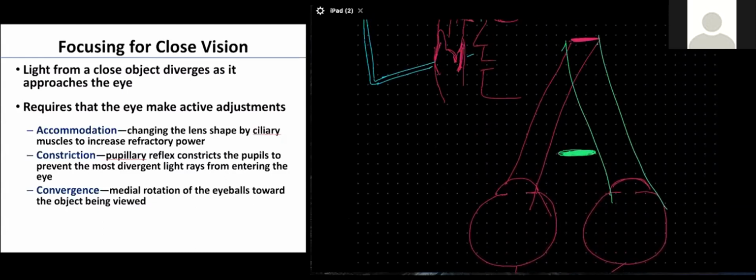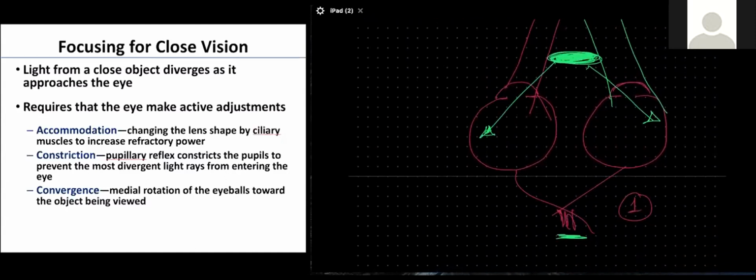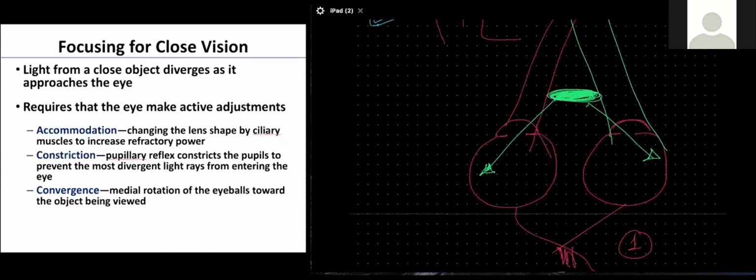If I have a close object closer to me, the two pictures detected by my eyes are not close enough for my brain to overlap as one picture.